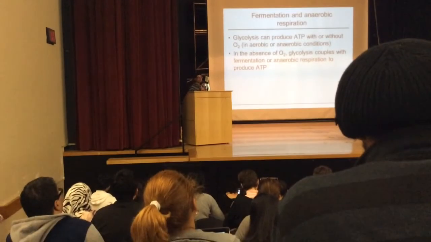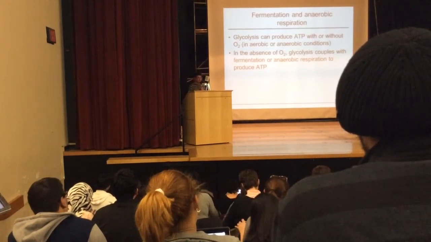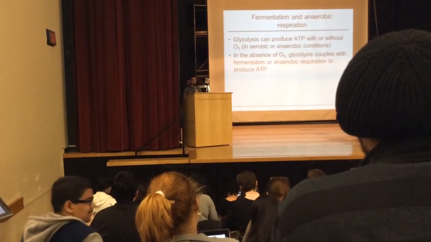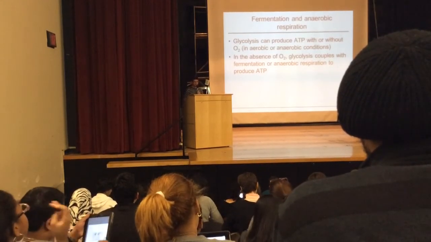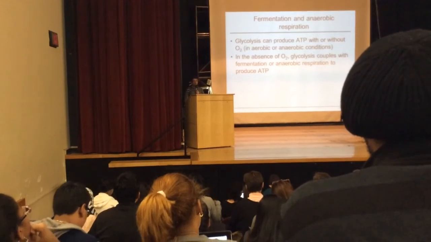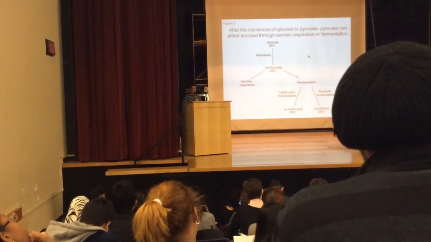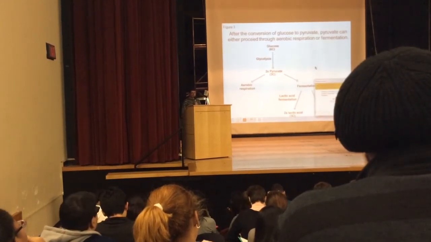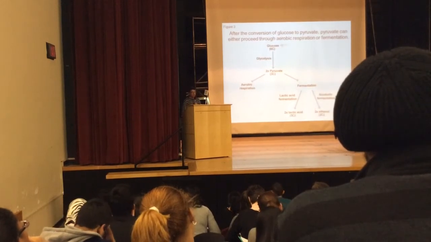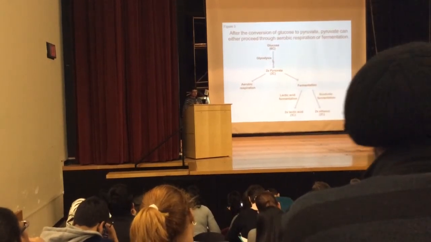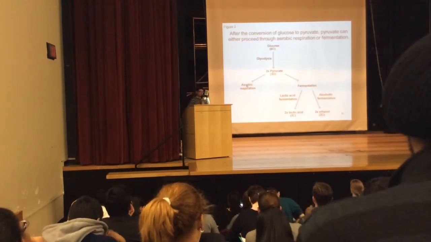All right, so we are going to spend a couple of minutes on fermentation. So what happens when there is no oxygen and the pyruvate cannot go into the mitochondria? Which means you're stuck with glycolysis. But there's a problem, because yes, glucose can be broken to pyruvate and you get 2 ATP out of that, and if there's oxygen, pyruvate can go into aerobic respiration, you get 30 something more ATP out of that.